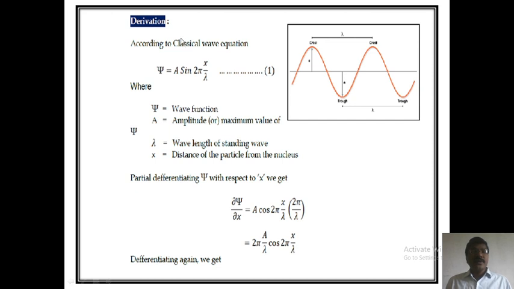Derivation, that is how to derive the Schrödinger wave equation. An electron does not move around the nucleus in a fixed orbit.